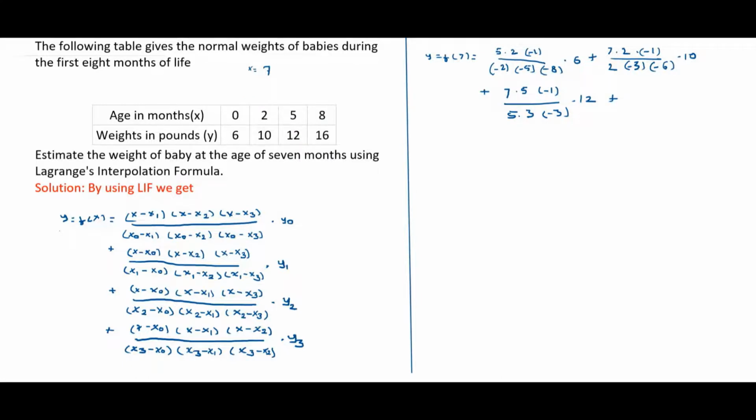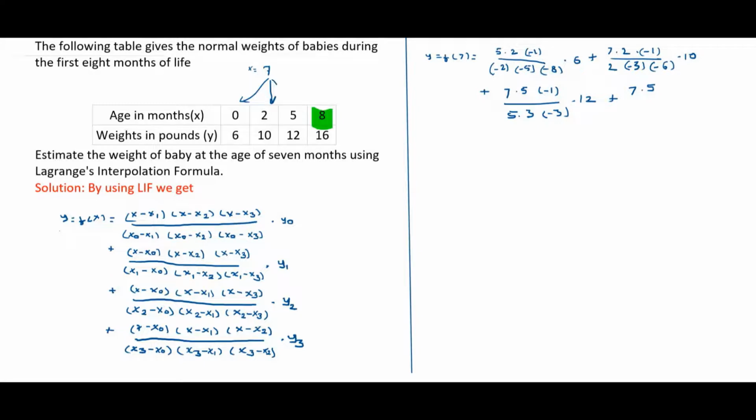Now I will close the fourth value. The fourth value is equal to 8. I will close 8, and then I will write the numerator 7 minus 0. 7 minus 0 is 7. 7 minus 2 is 5.